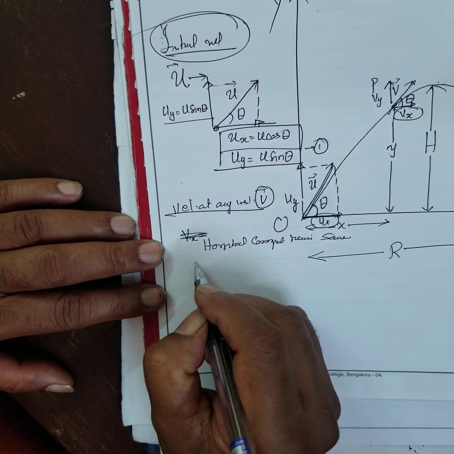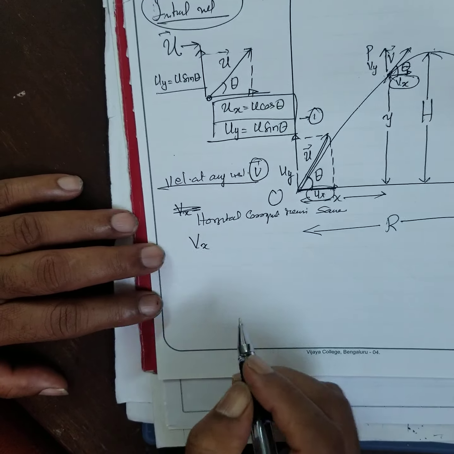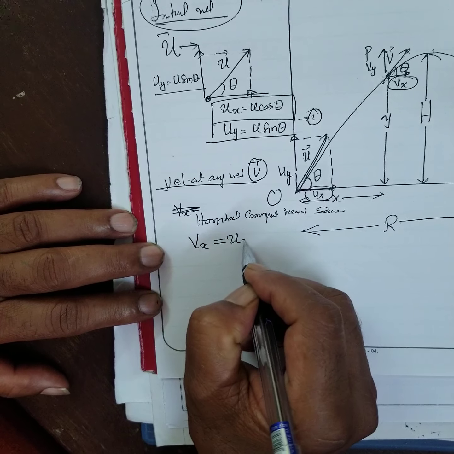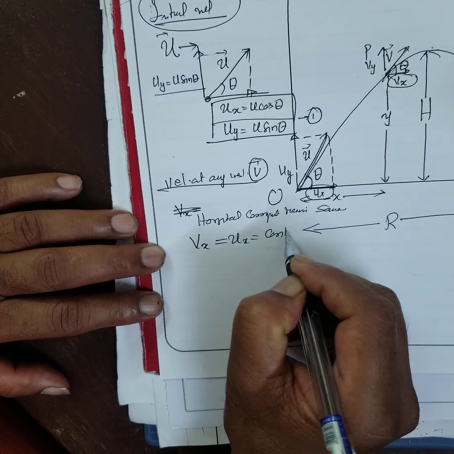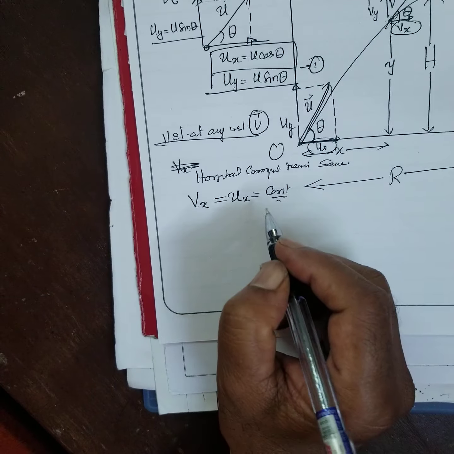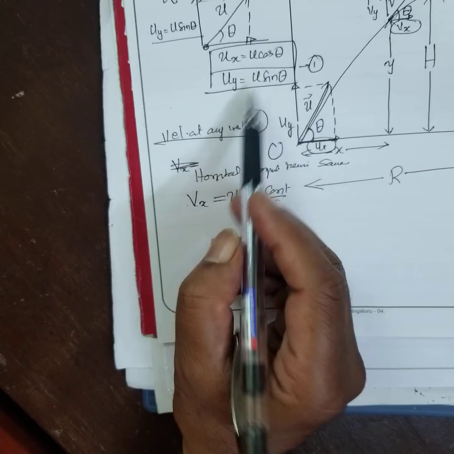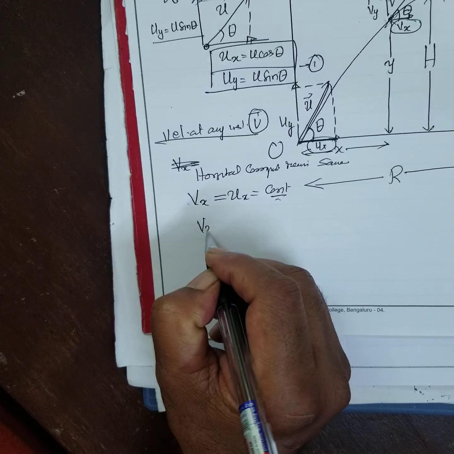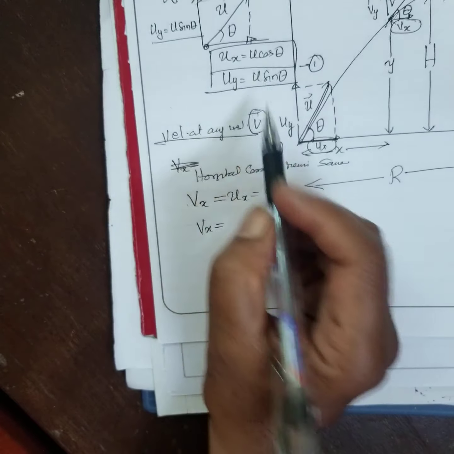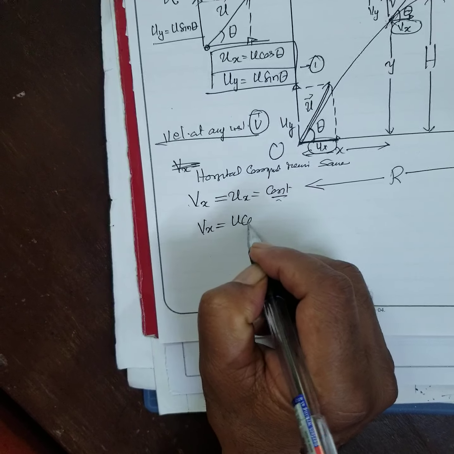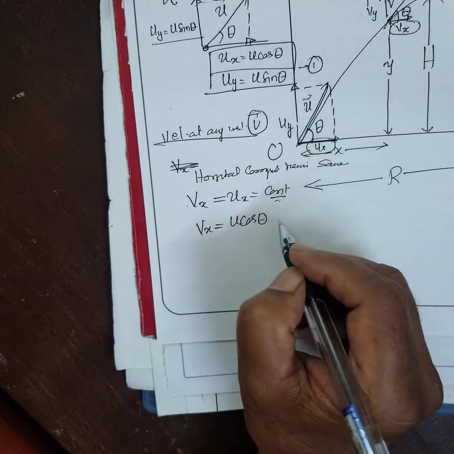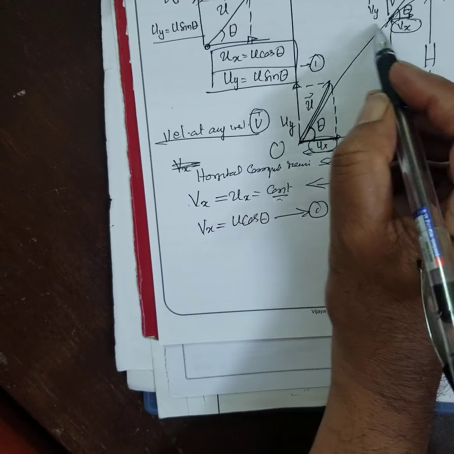Therefore, Vx is also the same as Ux, equal to constant. That is the first assumption. Then Vx is equal to Ux. That means Vx is equal to u cos theta. The second, the horizontal component, you have done.